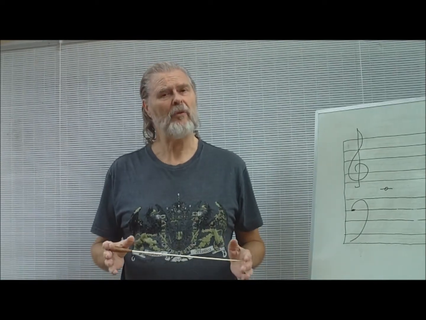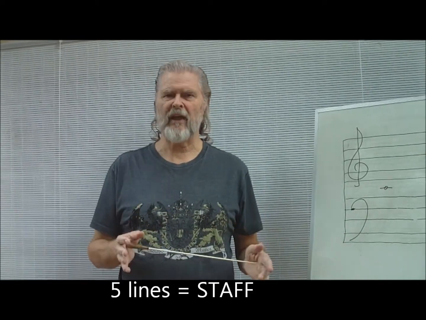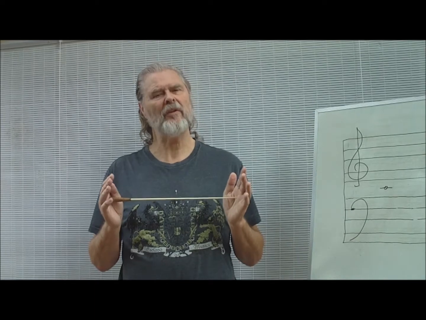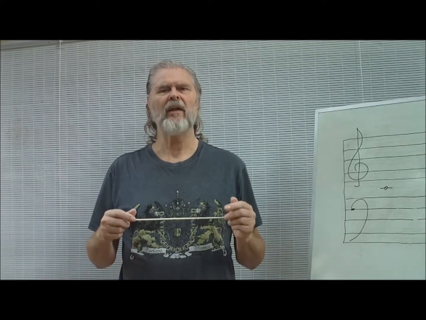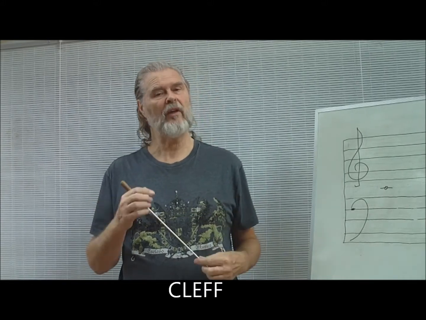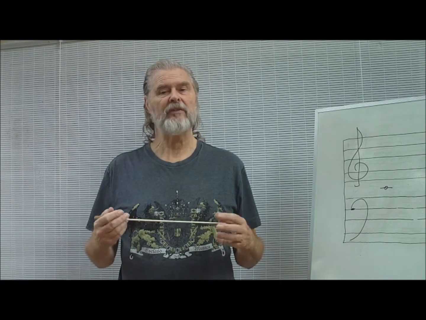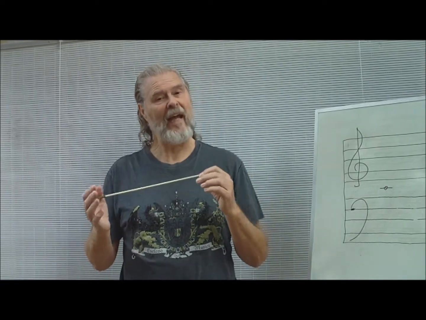Let's do a quick review of the first lesson where you learned the 5 lines are called the staff. The signs that tell you where the names of the notes lie, either on a line or on a space, are called a clef, of which there is the treble clef and the bass clef. These are also called the G clef and the F clef.